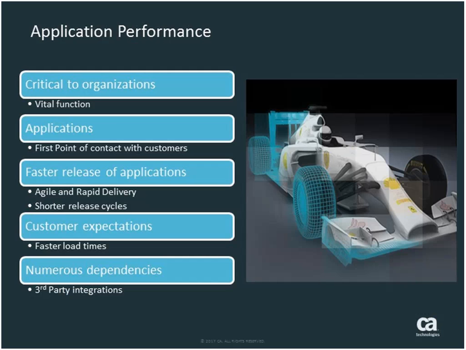So it becomes like the face of your company, and companies are under pressure to release applications faster to make sure that the functionality reaches customers faster because consumer demand is more. So companies are taking to agile and rapid delivery, and they have shorter release cycles, making it even more difficult to include performance testing in those shorter release cycles and achieve the level of performance testing that they need.